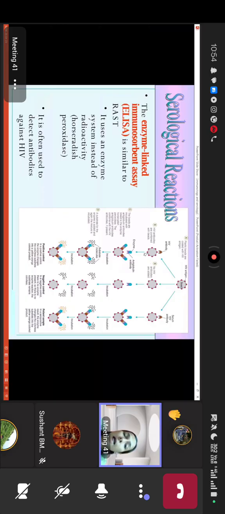If antigen and antibodies are attached with each other after the incubation, then the enzyme attaches to that particular complex. Then you have to add substrate. After adding substrate, enzyme and substrate get combined and form a colored reaction. So in this way, the ELISA technique works, right? So this is your ELISA technique.